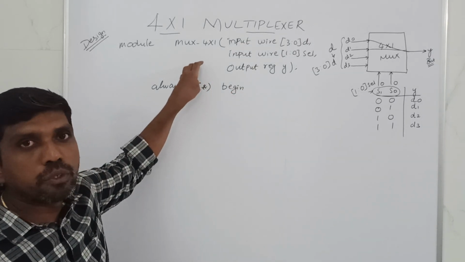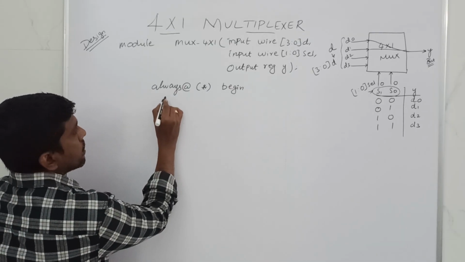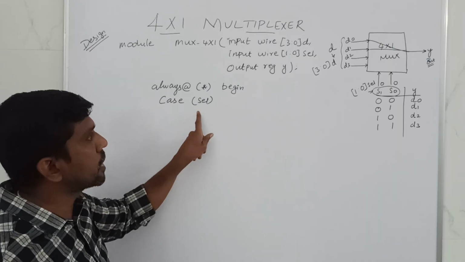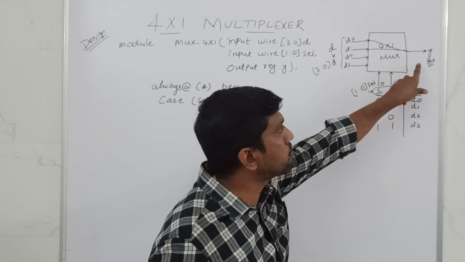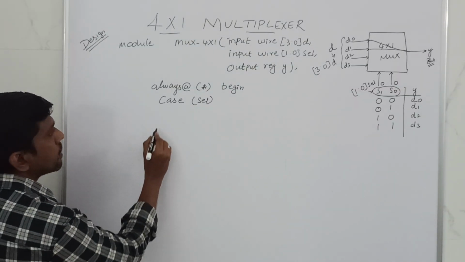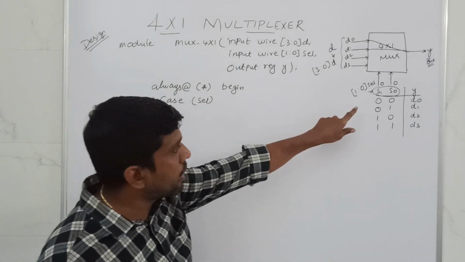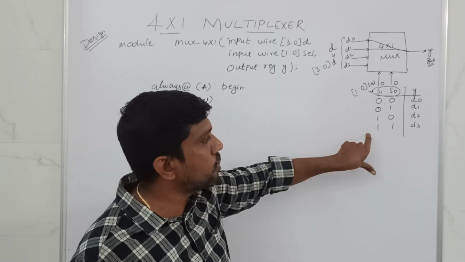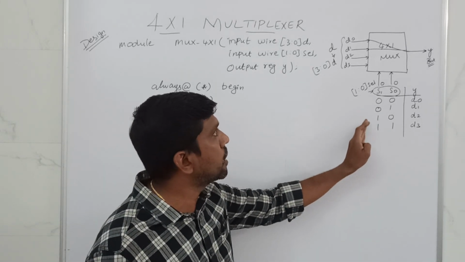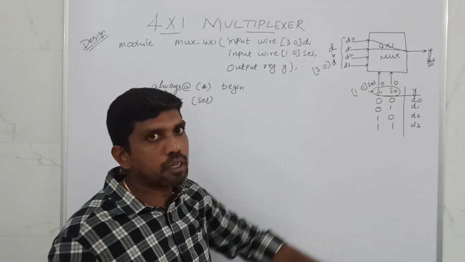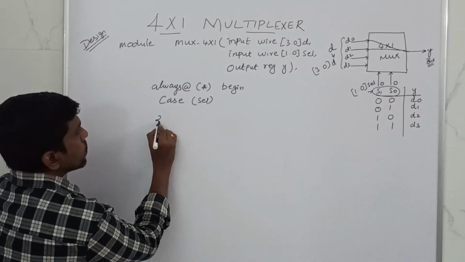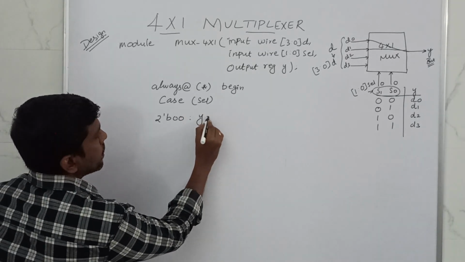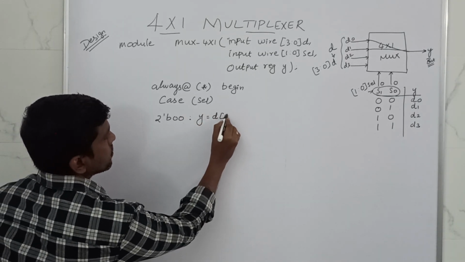In this program I am using a case statement. The case name is selection. Based on the selection line, the input variable is mapped to output Y. Here we follow 4 cases. The first case is both values set to 0, 0. Next cases are 01, 10, 11. Based on the case value, the input variable is mapped to the output. 2'b00: Y equals D0.